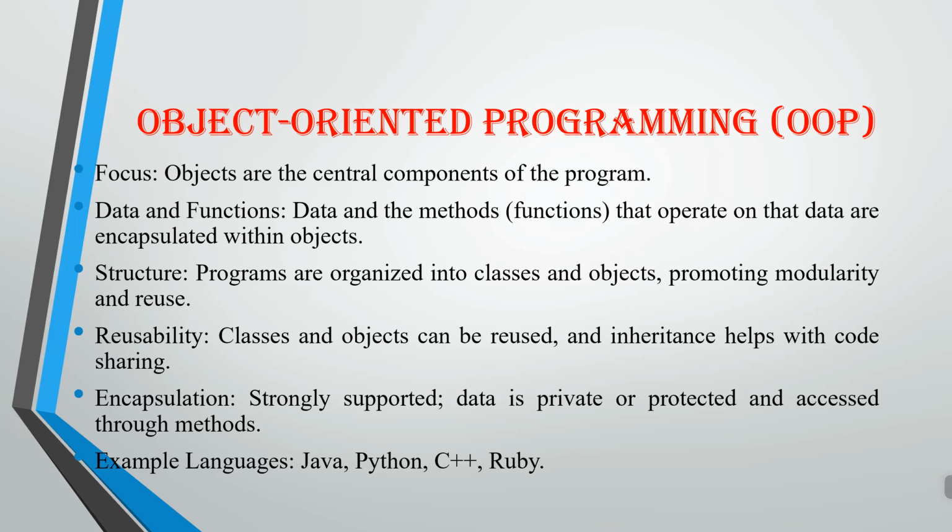So, data and methods that operate on the data are encapsulated within objects. That means any data present within the object cannot be independently accessed. You require the methods, which are nothing but functions.